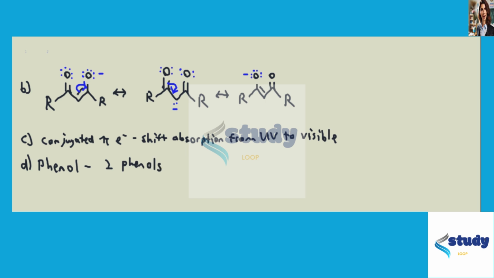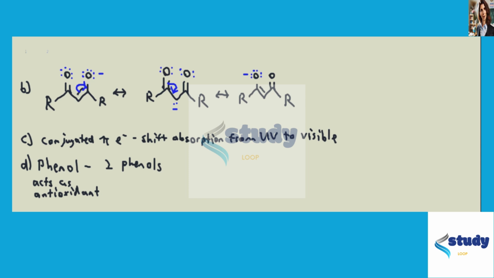So I'll say phenol acts as an antioxidant, and again, curcumin has two phenols. So it has two parts that are able to act as an antioxidant and inhibit a radical oxidation pathway. Okay, and so that's the answer here.